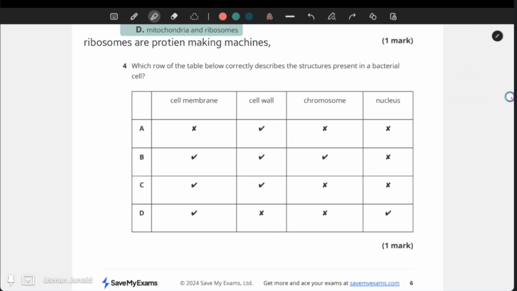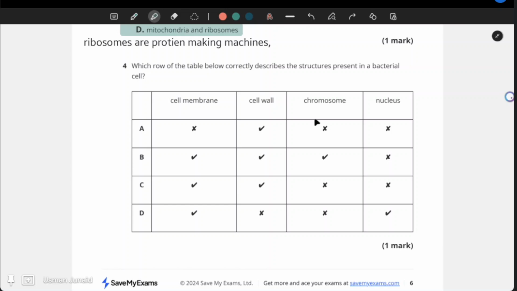Sir, is it option A? Why? A is saying that there is a cell wall, but there is no chromosome, no nucleus, and no cell membrane. तो फिर ये तो cell ही नहीं होगा ना, right?